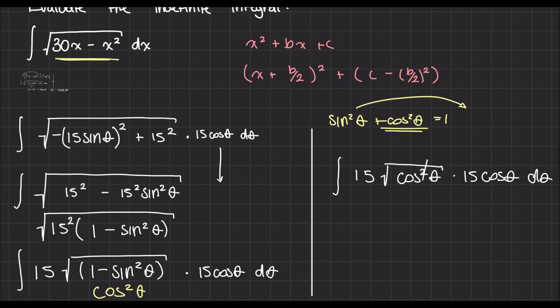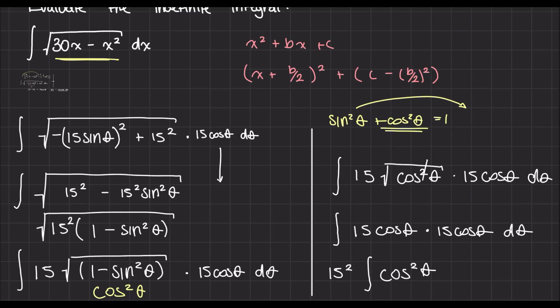Squaring and the square root cancel out. And again, simplified, we have 15 cosine theta times 15 cosine theta d theta. We're going to take the 15 squared out from the two 15s. And now we just have the integral of cosine squared theta d theta.